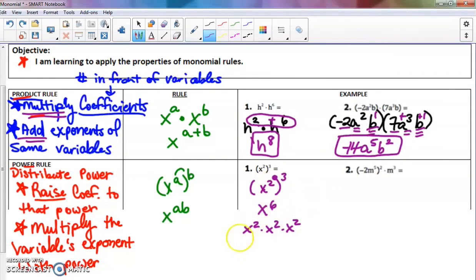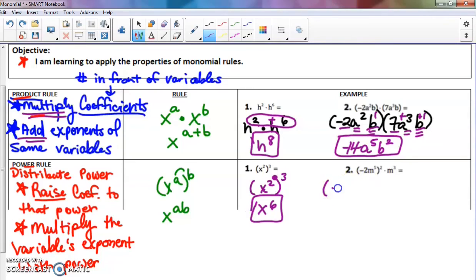So if you have x squared here, and x squared here, and x squared here, all those x's added up would be 6. So x to the 6th power is much nicer to write than to go through all of that. So just multiply those exponents.